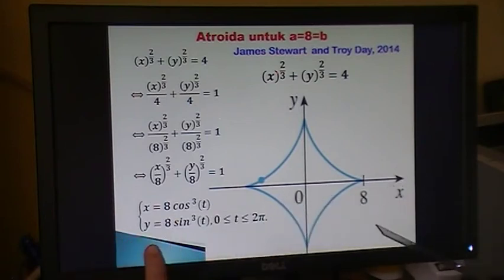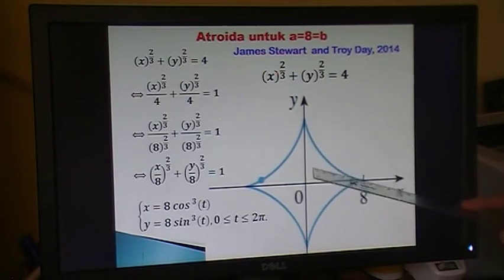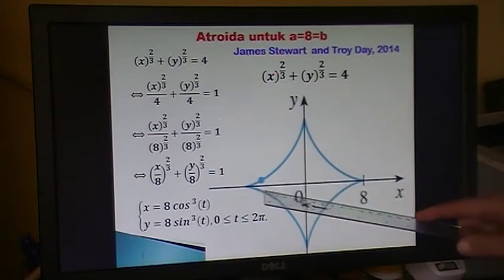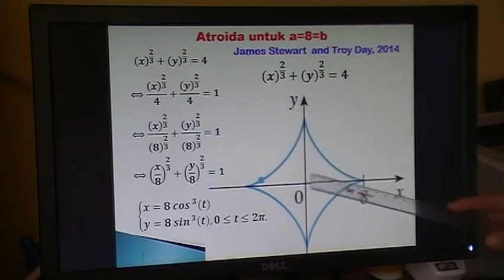How can we count this? We can count only in the first quadrant, and then the whole area is just 4 times the area in the first quadrant. So later on we will count in the first quadrant.